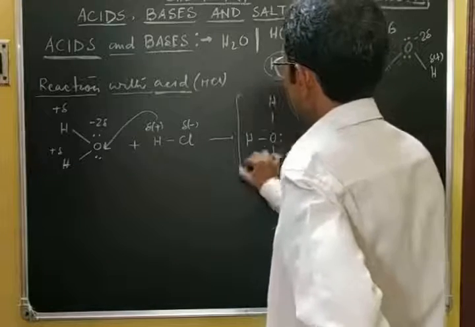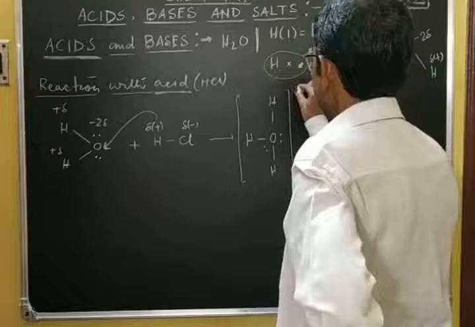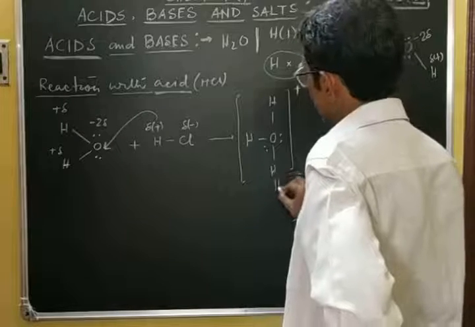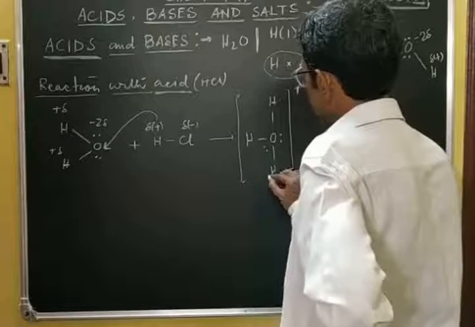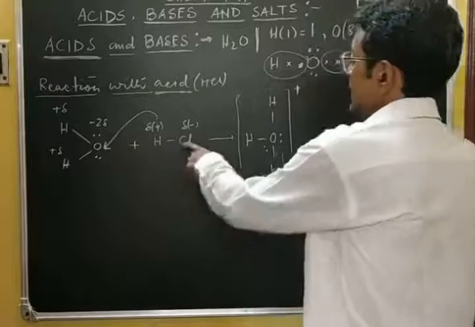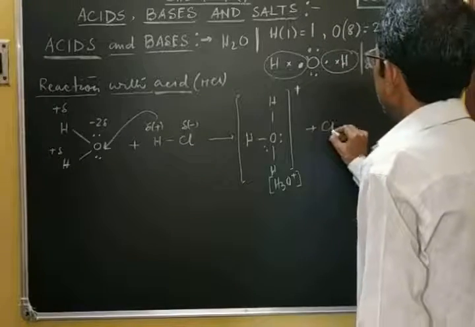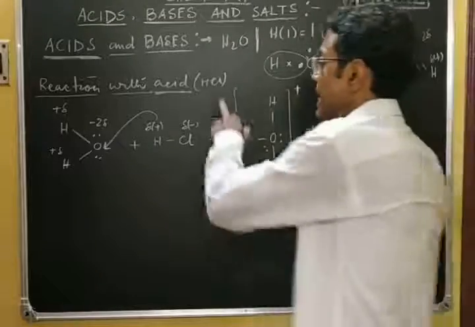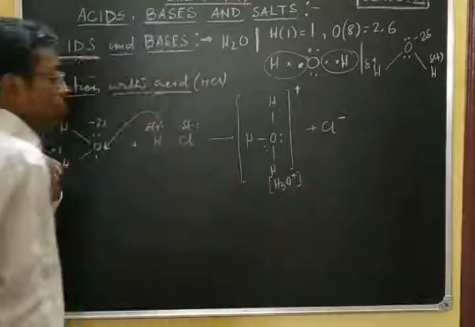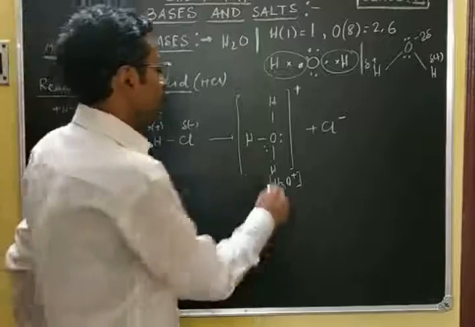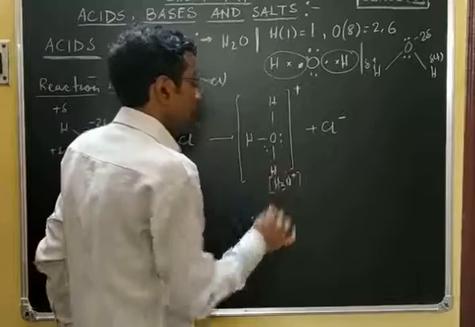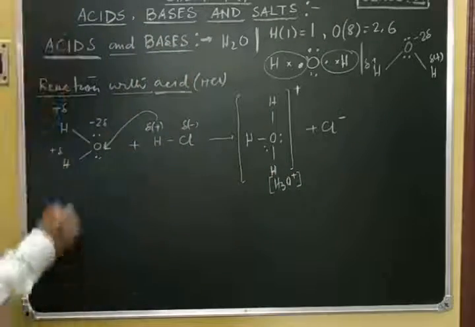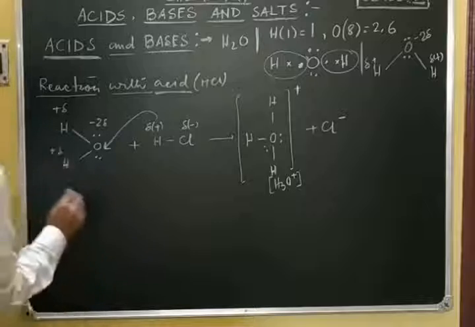So you can see here, this is the H3O plus ion, that is the hydronium ion, and this Cl leaves as the Cl minus ion. So in this way we can say that with acid, the water molecule always forms this hydronium ion, that is H3O plus.